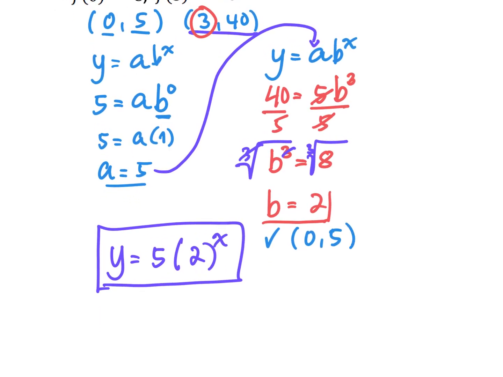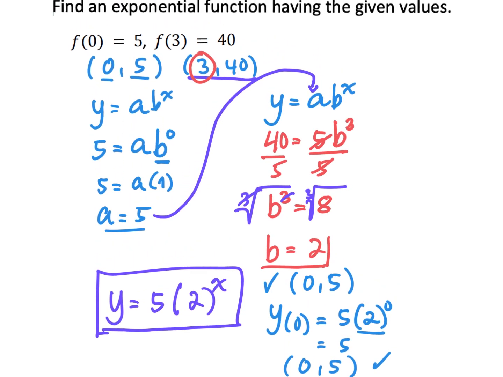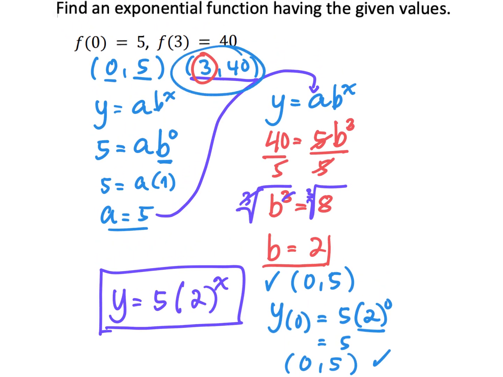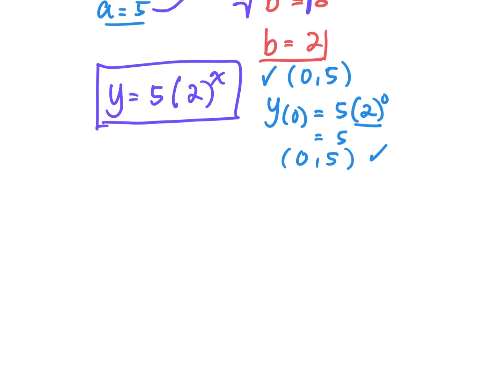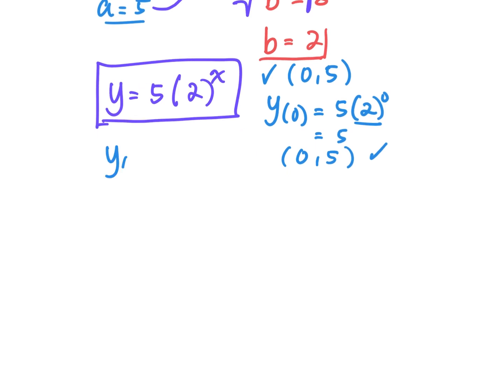So let's say y of 0 is equal to 5 times 2 raised to 0. Anything that is raised to 0 is 1, so that's going to give you 5. And that's going to give you an ordered pair of 0 and 5, which is correct. Now, if you still want to make sure, go for the second point, 3, 40. Let's say y of 3.